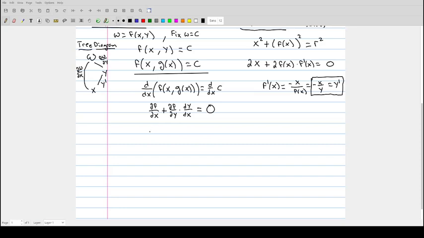Alternatively, you could say that partial f partial x plus partial f partial y times y prime is equal to 0.